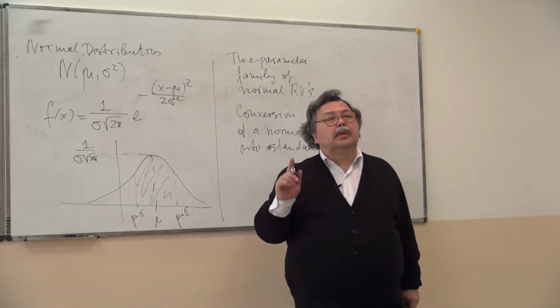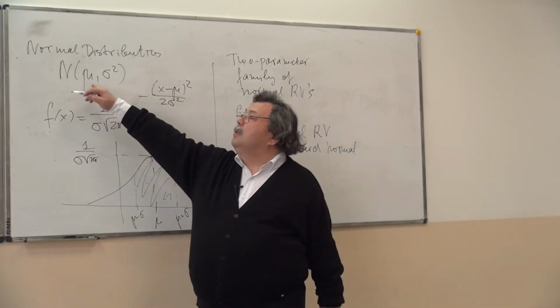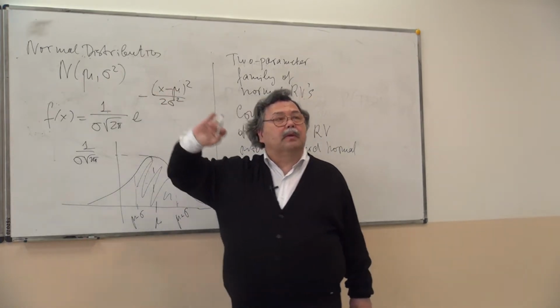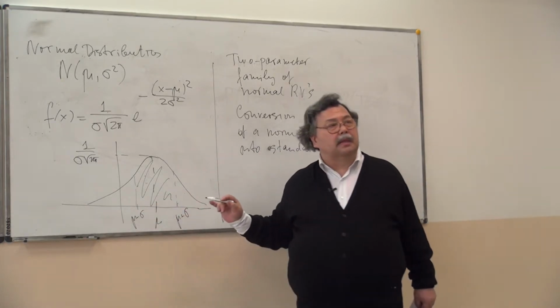Again, we look at the probability that the normally distributed random variable with a certain value of mu, a certain value of sigma, gets within the interval from mu minus sigma to mu plus sigma.